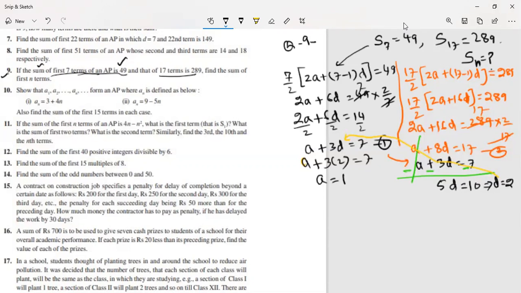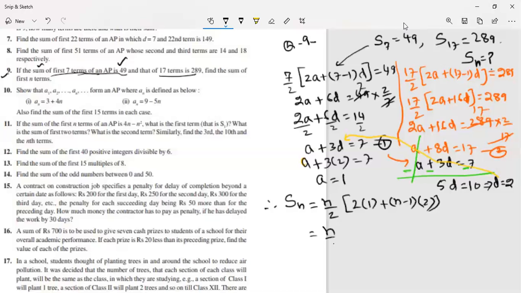a and d we got, now we can find out Sn, the sum of n terms, which is n by 2. n will be n here because they have not asked to find the sum of 20 terms or 30 terms, n terms means n terms. 2 into a, a is 1 here, plus number of terms n minus 1 into common difference 2.